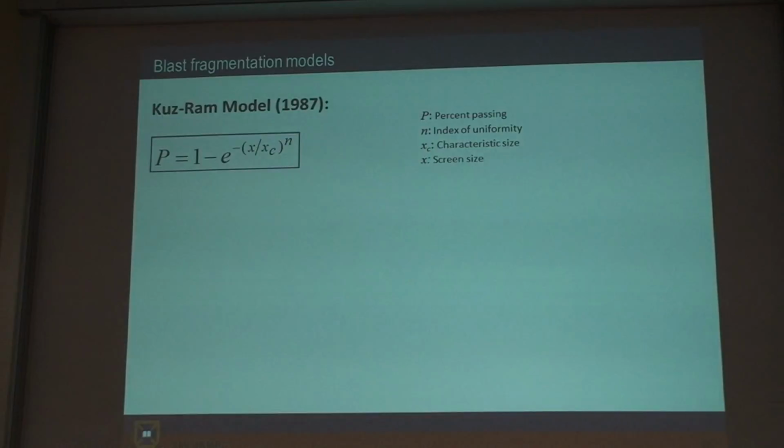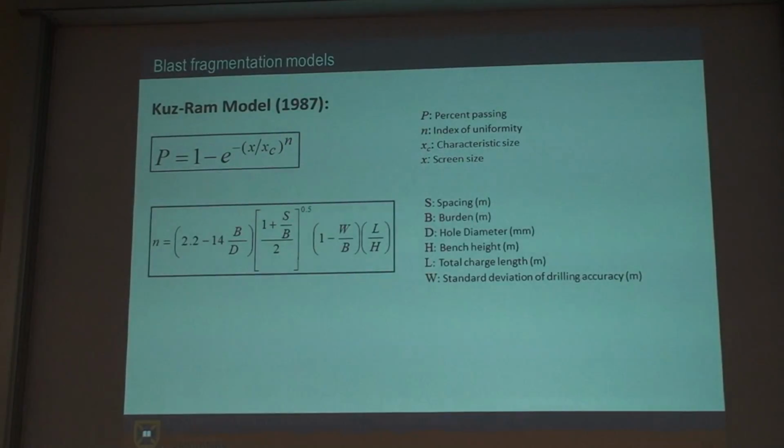About the COSRAM model, it is the most well-known, popular model over many years. As you can see, this model uses the Rosin-Rammler distribution function, and there are two parameters in this model: characteristic size and also the uniformity index, or n value. To calculate the n value, we use this equation. As you can see, the inputs of this formula are generally geometric parameters, because the uniformity index expresses the uniformity of fragmentation.